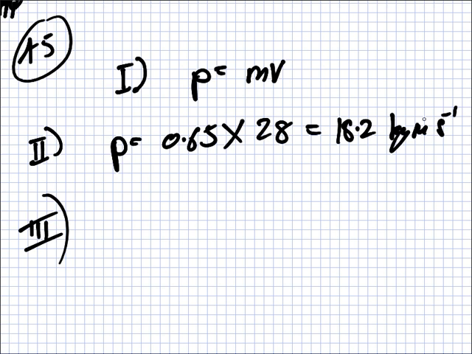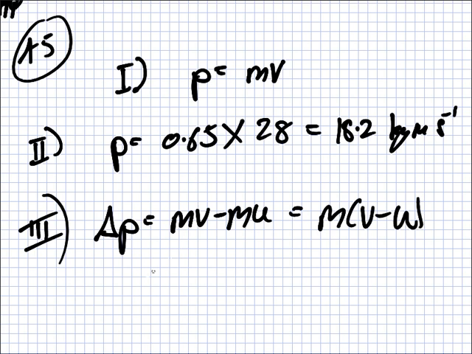Number 3, you all got wrong, I think. The change in momentum is mv minus mu, which is m(v minus u), which is 0.65 times minus 18 minus 28.